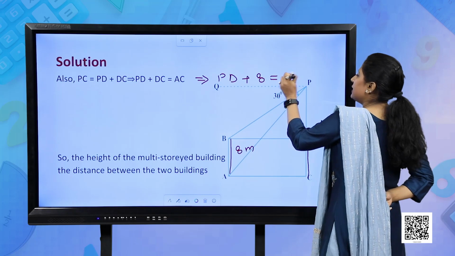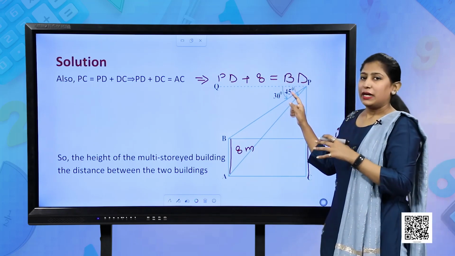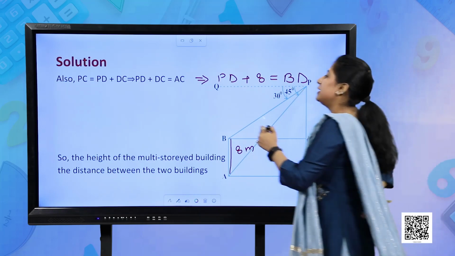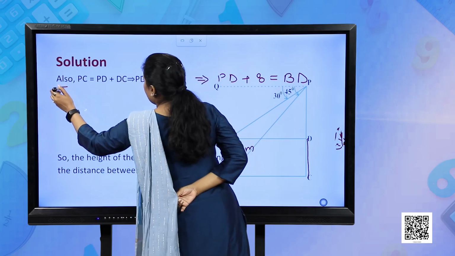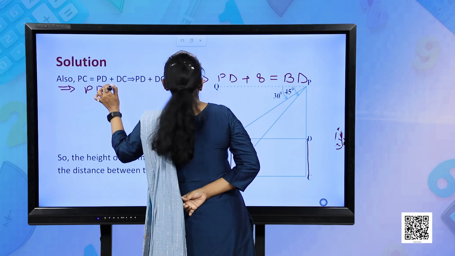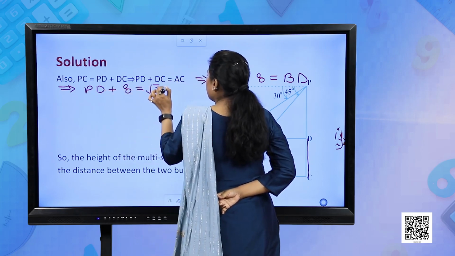But I am writing here BD. Why? Because we just found that BD and PD are related. BD is equal to root 3 into PD. So, we write this equation again. We get PD plus 8 equal to under root 3 PD.